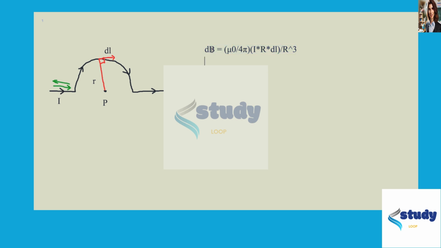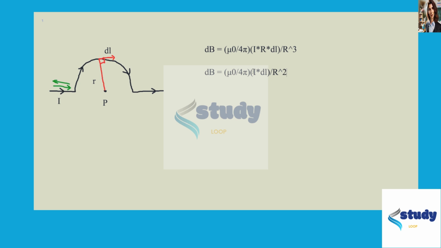But now we're going to need to integrate this expression. And the only thing that we're integrating over is dL, since everything else is a constant. So let's simplify this a tiny bit. We have R divided by R cubed, which is going to end up with just a factor of R squared on the bottom here.